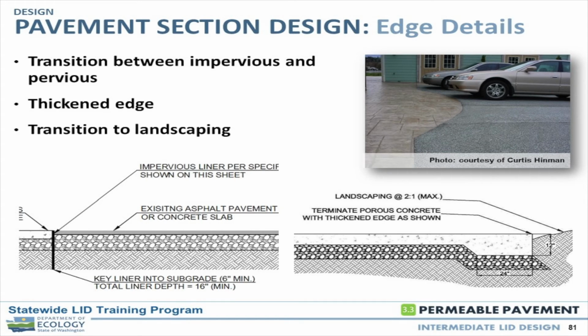Where I can't do that, or if I want to really protect the impervious pavement from undermining, there are a couple of things you can do. You can see in the detail there that I've done this approach where I've actually put in a vertical liner, like a piece of reinforced liner, in there just to maintain separation. I've done flush curbing, so kind of a full depth flush curb, which would be like the most bomber transition.